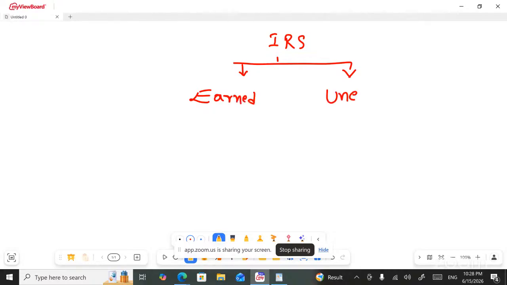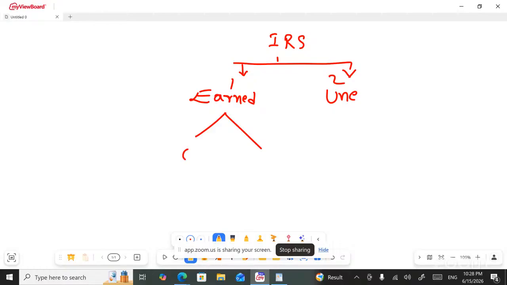According to IRS, all incomes are divided into two types. One is earned incomes. Second one is unearned incomes. This is a broad concept. All incomes of any taxpayer, according to IRS, are of two types. Earned income is further divided into two types.